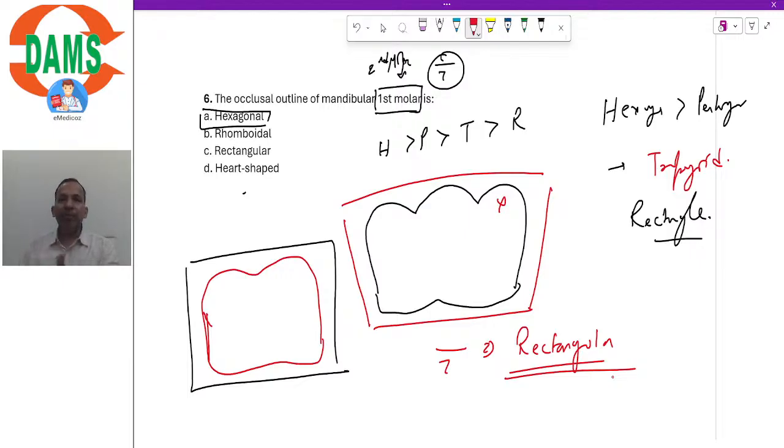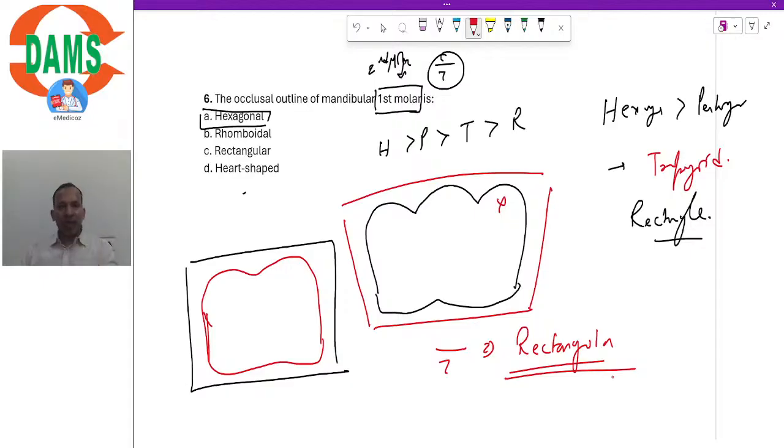Mandibular first molar will appear hexagonal most commonly, then pentagonal, then trapezoid, or least commonly rectangular, depending on the size of the distal cusp, right? In case of maxillary molars, we have discussed that the first molar and second molar will both appear rhomboidal, and the third molar may appear rhomboidal if it has all 4 cusps.